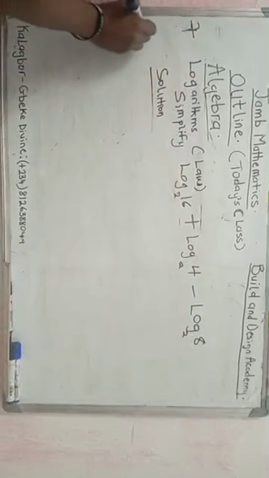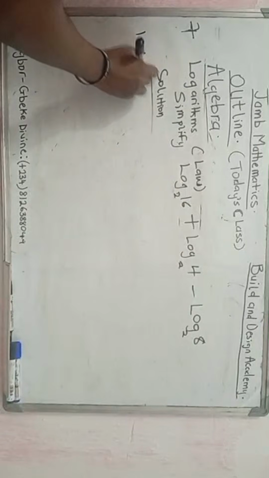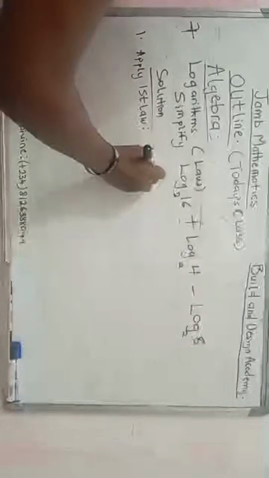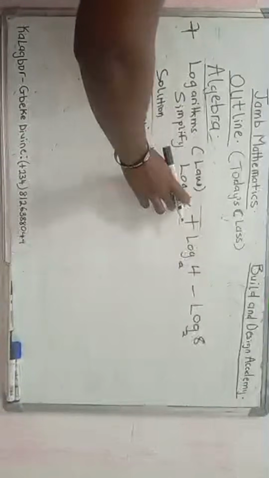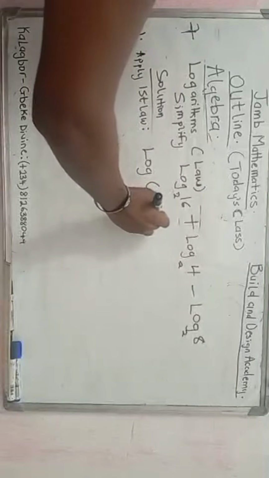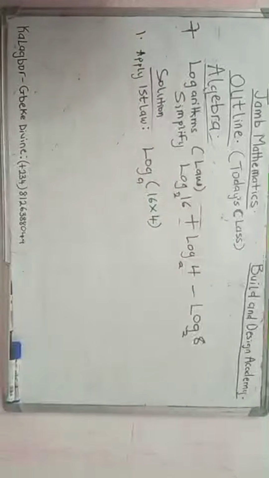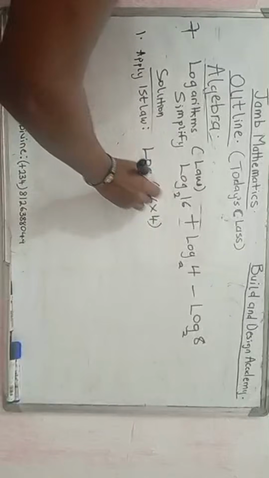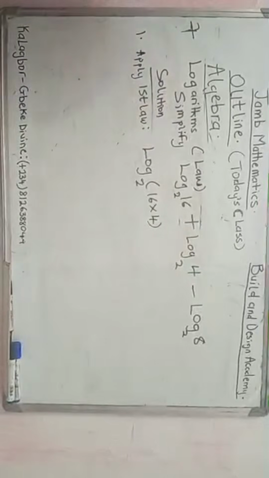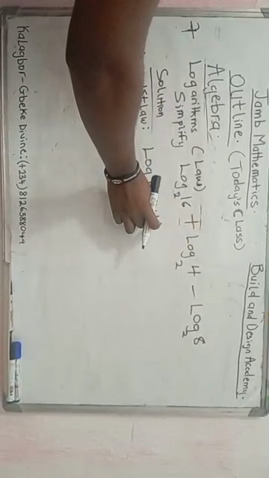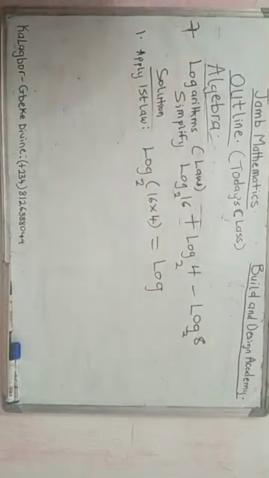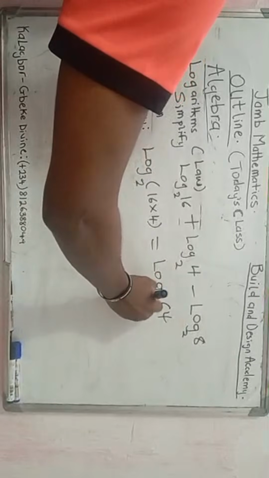So if I apply the first law, we'll now have log 16 base 2 plus log 4 base 2, they have the same base, so we can apply the first law. You know, when they're adding, it simply means multiplication. So our answer is log 16 times 4, which gives us 64, in base 2.